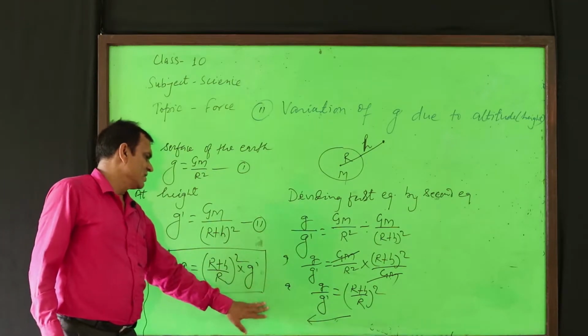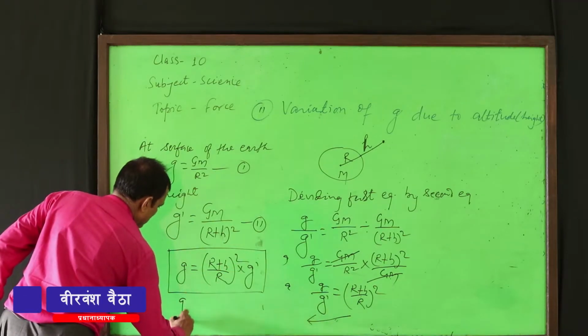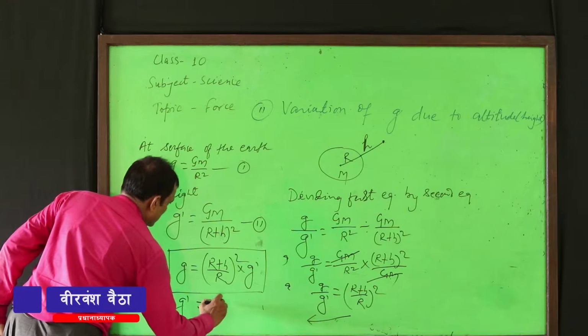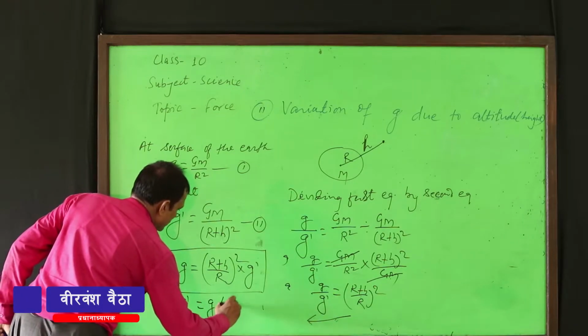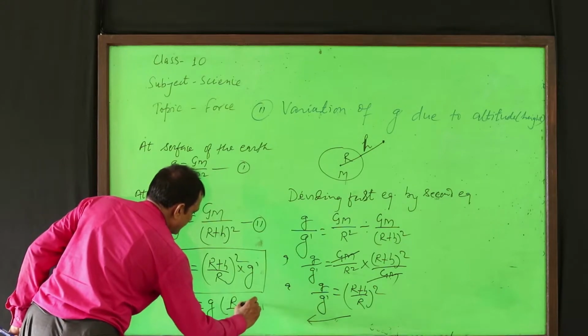You can write in this other way also. If you want to find directly this one, g dash equal to g into R by R plus H whole square.